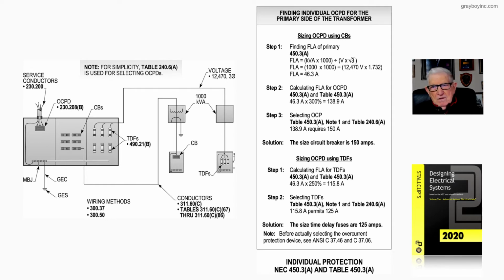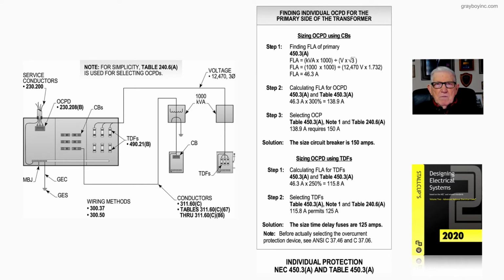So we're going to use fuses for this application here, and we also, you see, have circuit breakers running over. So if we should be using circuit breakers first, then notice that we would apply step 1 that's in the boxed-in information, and we would have 450.3(A), which would refer to our table 450.3(A).